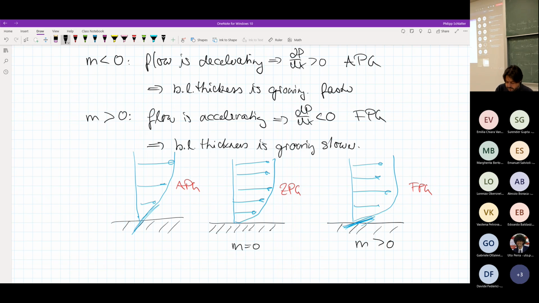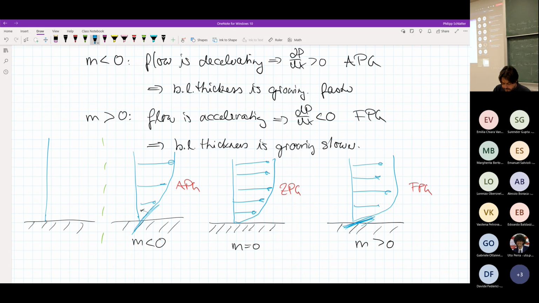And of course, one thing that you can directly recognize: if I'm now increasing my adverse pressure gradient, that means if I'm decreasing the m more and more, at some point I would decrease the gradient more and more up to the point that the gradient at the wall becomes 0. So that would then be the extreme case, at least in the consideration as we have right now.